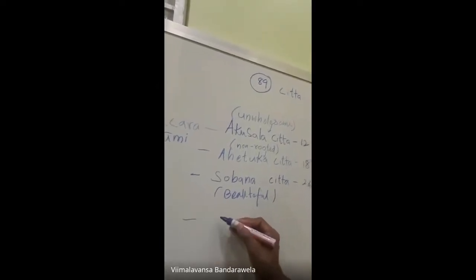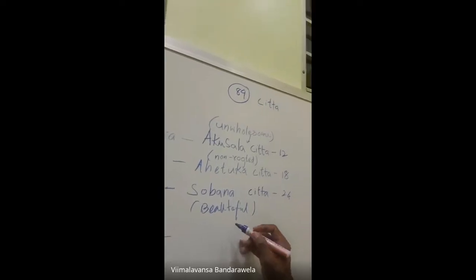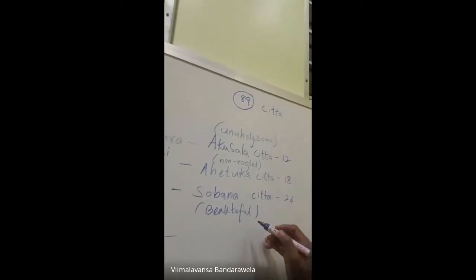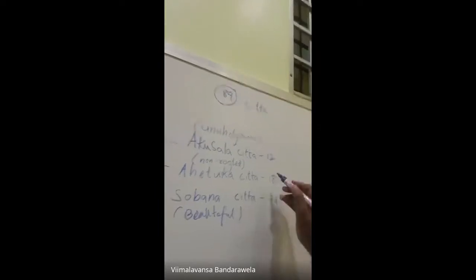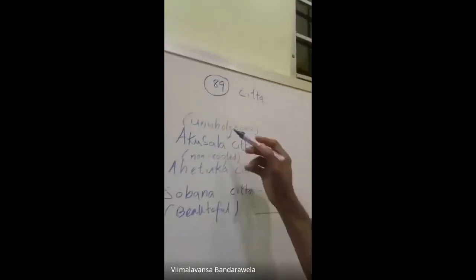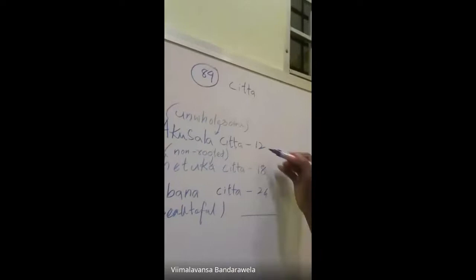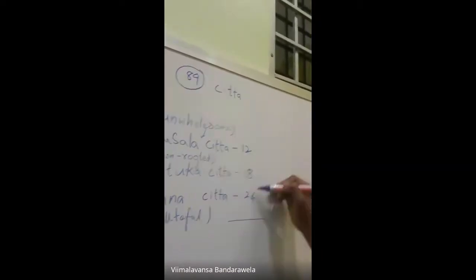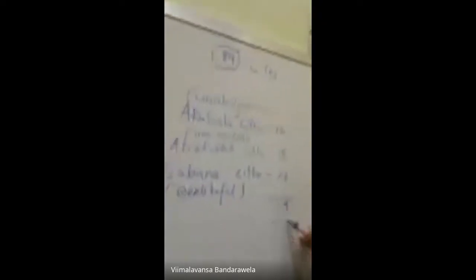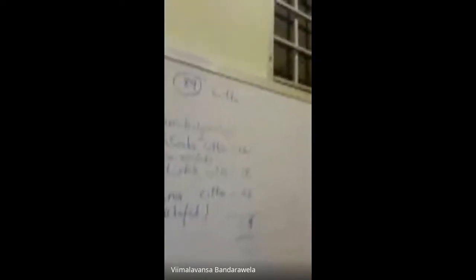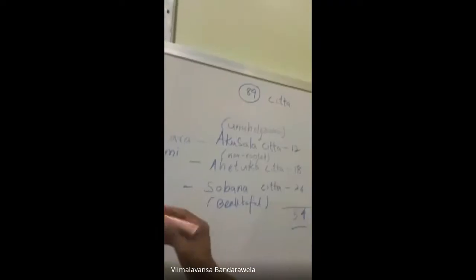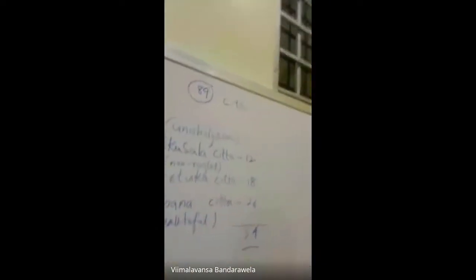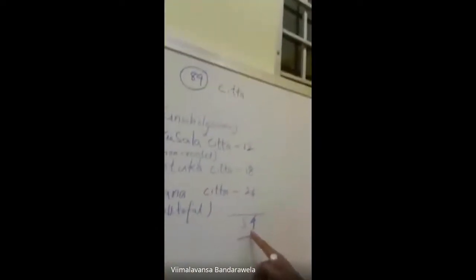These are the kamavachara plane. Then how many? 54 consciousness for the kamavachara bhumi. That means in the sensual realm you have 54 consciousness.